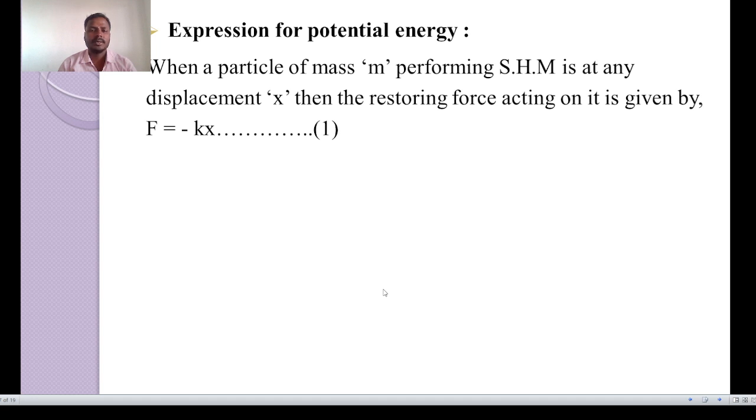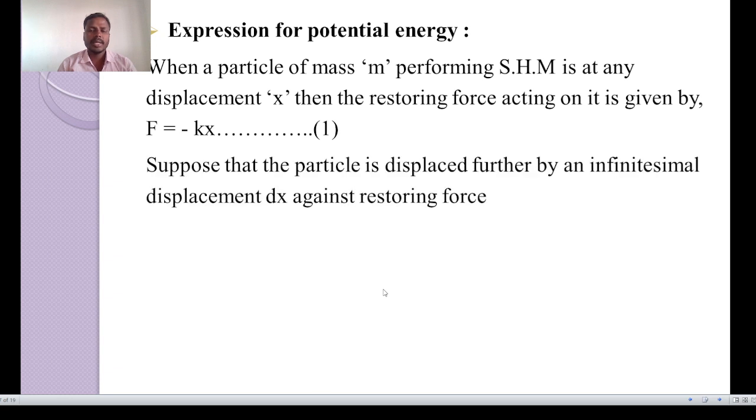Now talking about the potential energy, consider a particle of mass m performing simple harmonic motion at a distance x. Then a restoring force acting on it is given by F is equal to minus kx. This is equation number first. Suppose that the particle is displaced further by an infinitesimally small displacement dx against the restoring force.